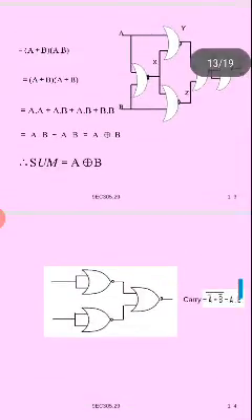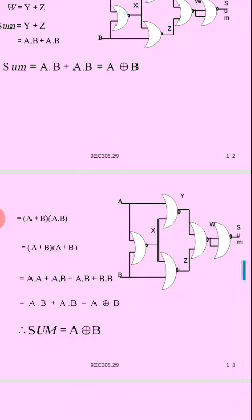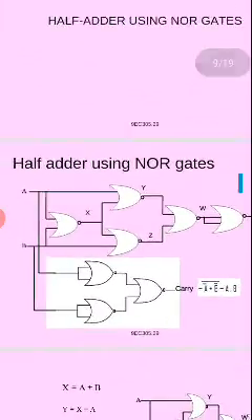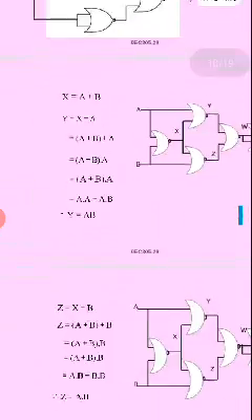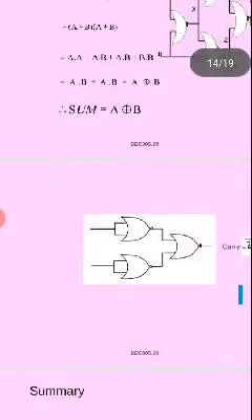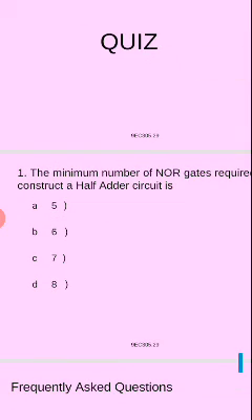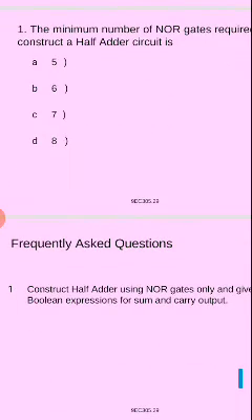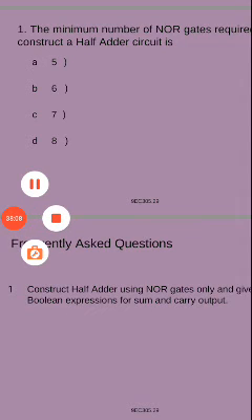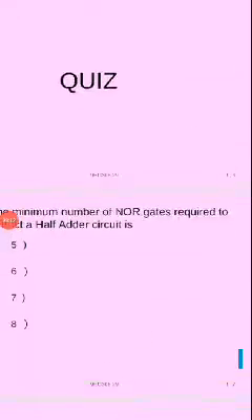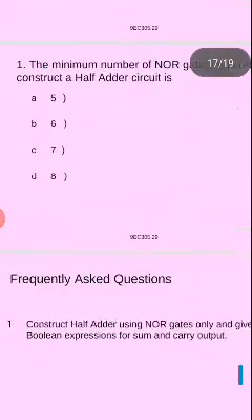See here how many NOR gates are there. 3 and 5, 8. Answer is 8. Only one quiz question is there.